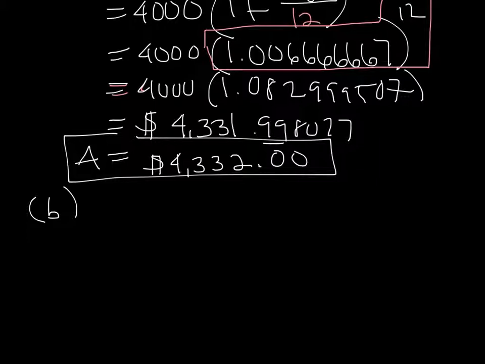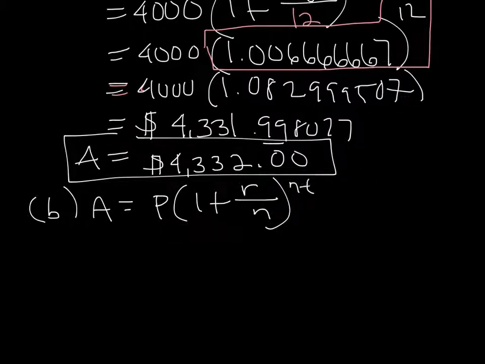Our future value formula is A equals P times 1 plus r over n to the nt, the same formula we used in part A. But notice that B says to use the future value formula for simple interest to determine the effective annual yield.